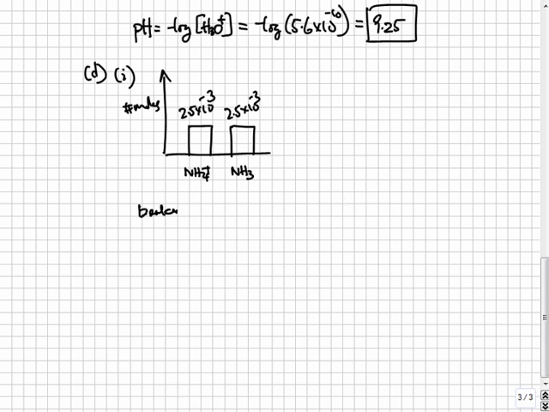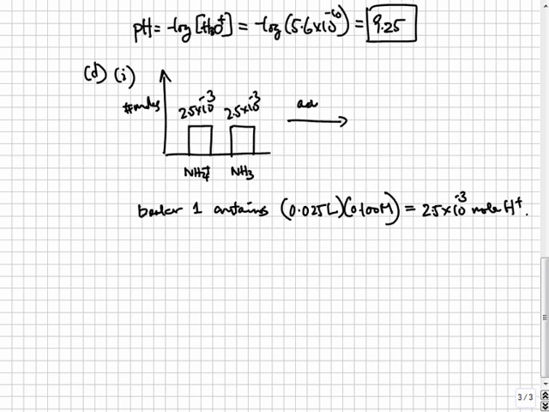And beaker 1 contains a strong acid, so what that does is that it would protonate the base, in this case NH3, and turn all of it into NH4+. We've calculated the number of moles of the H+, and that is given by the volume multiplied by the concentration. So the number of moles of H+ from beaker 1 is equal to 2.5 times 10 to the minus 3 also.